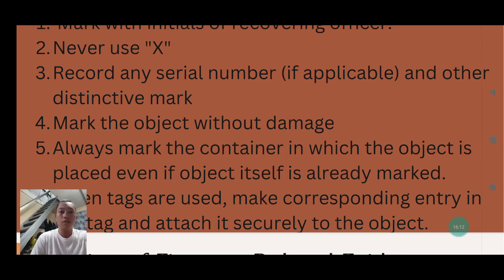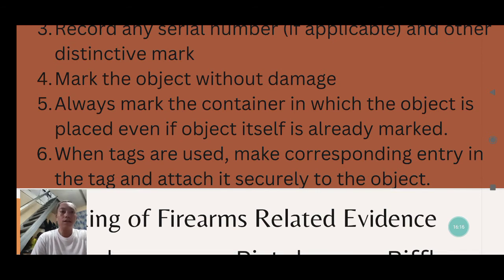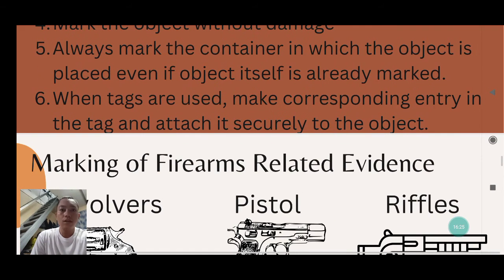Mark the object without damage. 5. Always mark the container in which the object is placed even if the object itself is already marked. 6. When tags are used, make a corresponding entry in the tag and attach it securely to the object.